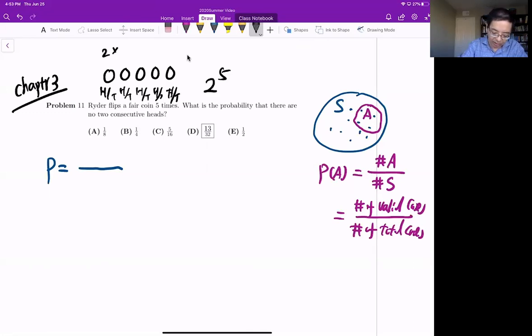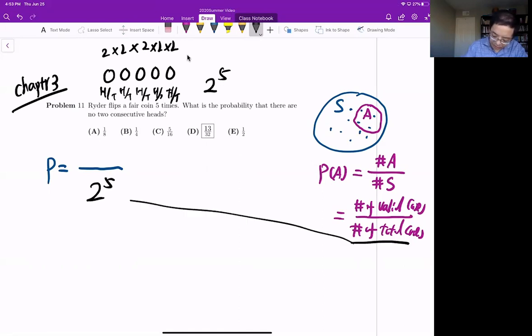For counting problems, you can look at chapter 3, where we collect the basic concepts, formulas, and techniques for counting. Because each flip has 2 scenarios, you multiply them together instead of adding. This is something first learners easily get wrong. So the total is 2 to the 5.